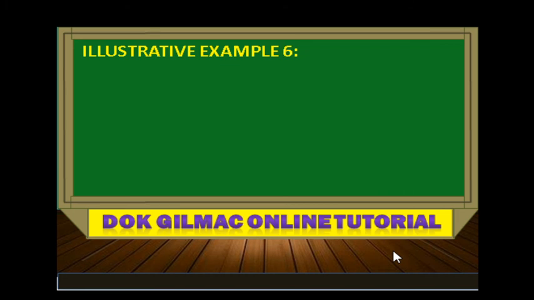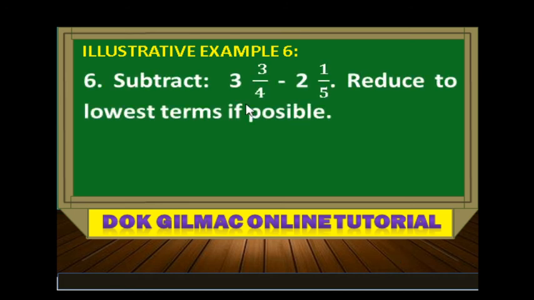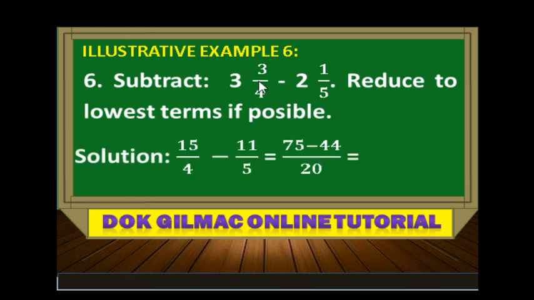Let's have illustrative example number 6. Subtract 3 and 3/4 minus 2 and 1/5. Reduce to lowest terms if possible. Change the given mixed numbers into improper fractions. So we have 4 times 3 is 12, plus 3 is 15, all over 4.